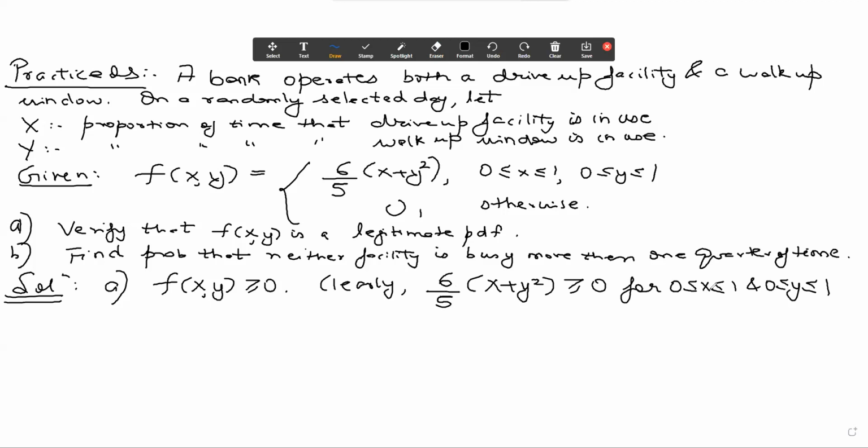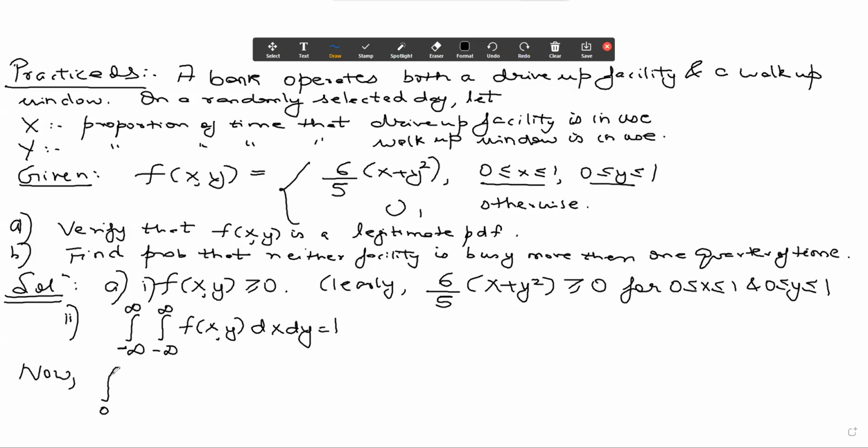The second property within part A is the integral. The double integral from minus infinity to plus infinity of f dx dy should be equal to 1. Now the function is defined from 0 to 1, so integral 0 to 1, integral 0 to 1, 6/5 (x plus y square) dx dy.